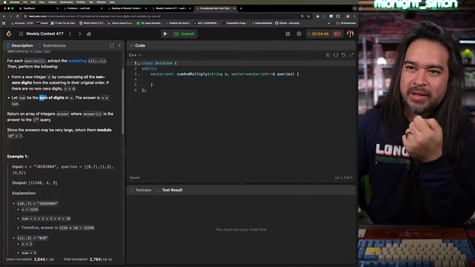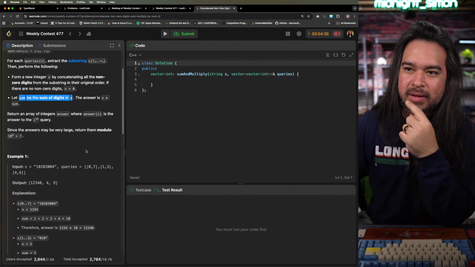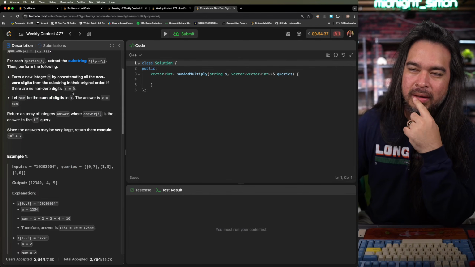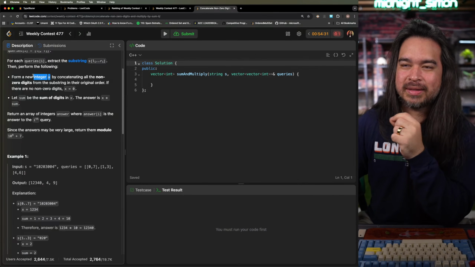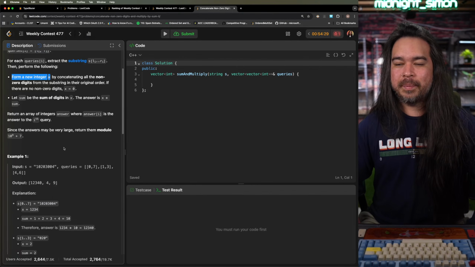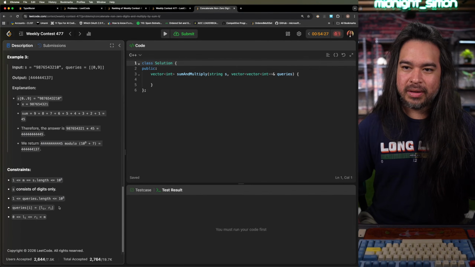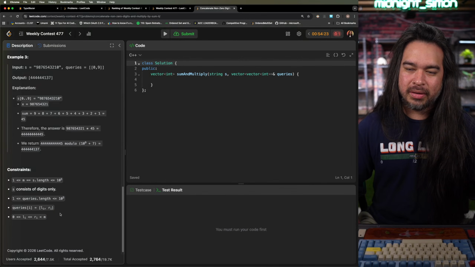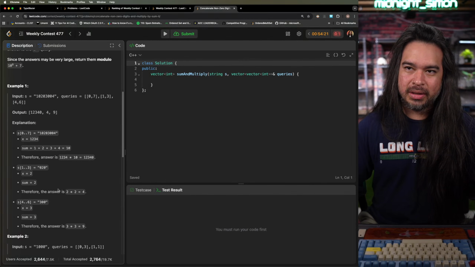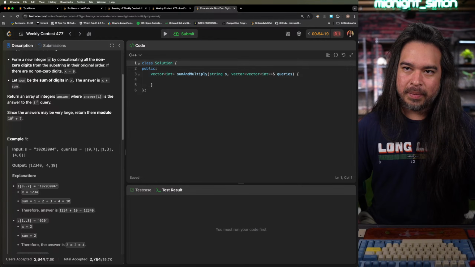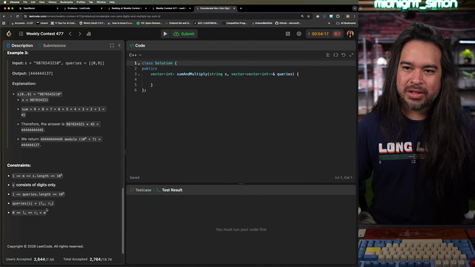We need the sum of the digits, and I think we can find that with prefix sums. For sure we can get the sum of the digits in here, but I'm not sure how we can get x easily. L and R could be really large. Dang, if they can be that large, then what the hell, man?